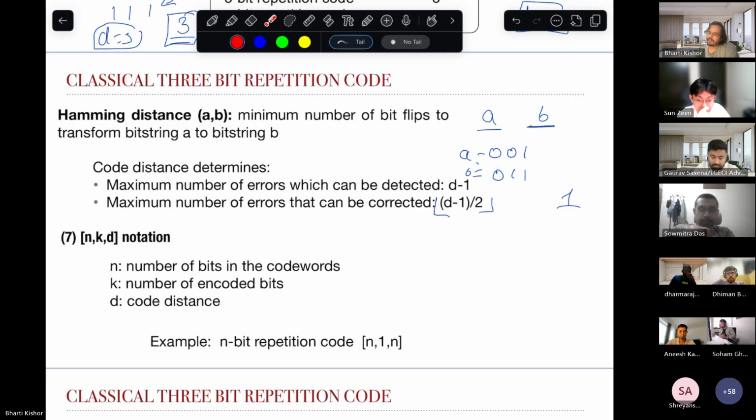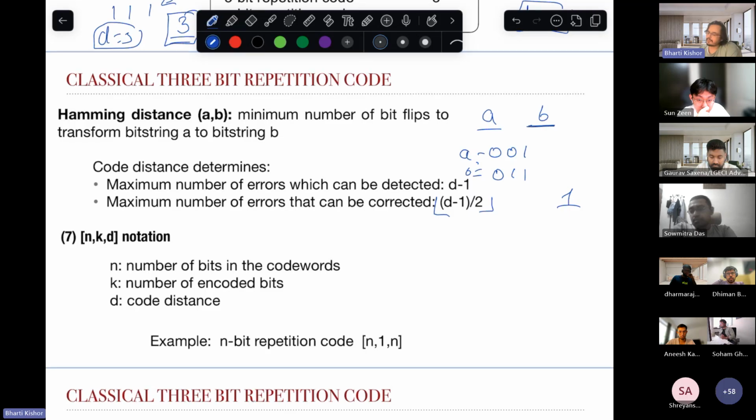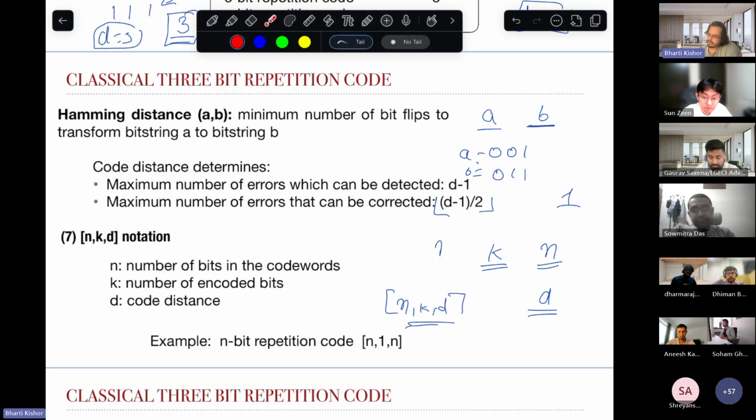Okay. So we started with, let's say, k bits, and let's say we encode them using n bits. And if the distance is d, then you write it as [n, k, d]. This is the notation people use. n is the number of bits in your code word, k is the number of encoded bits, and d is the distance.